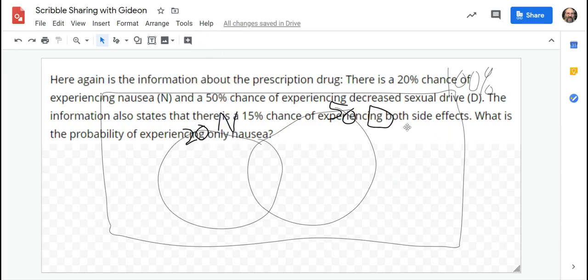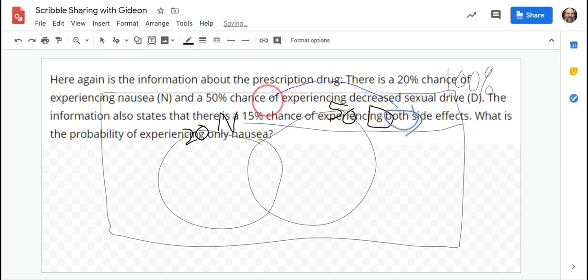Then I can make sense of what to do with the 15, right? The 15% is a both thing, both, right? 15% for both, but it's right there in front of us, right? 15% for both. Well, that's important because now, right?